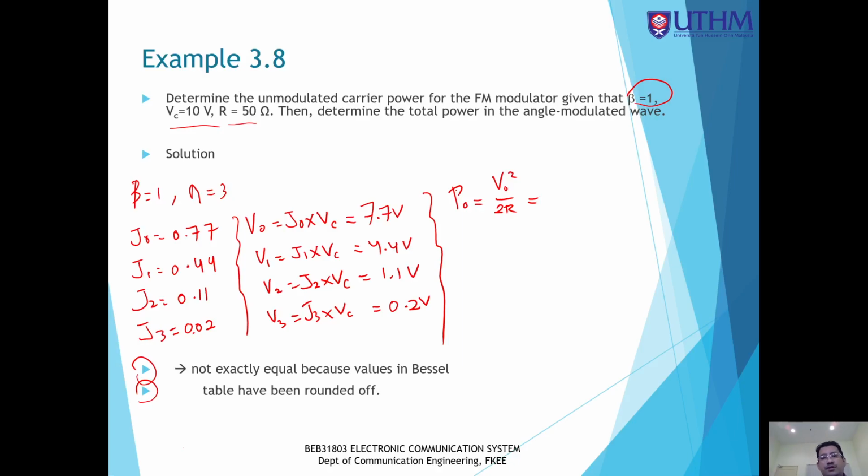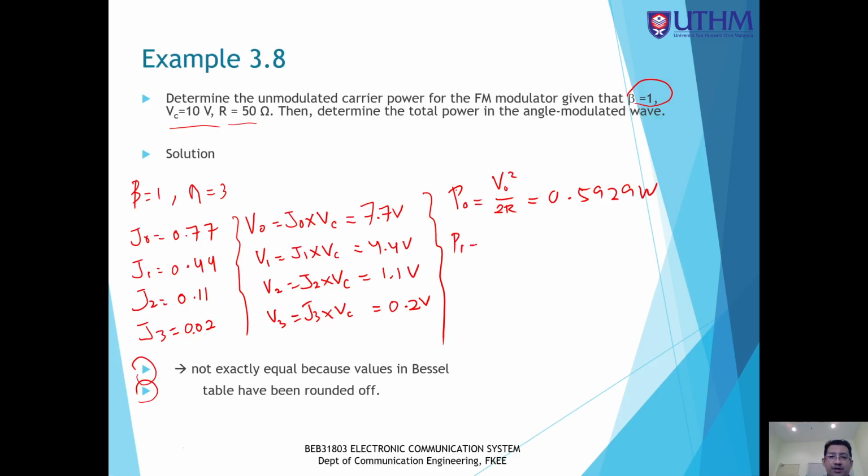So this is 7.7 square divided with 100. So 0.5929. Okay, so please correct me if I'm wrong.